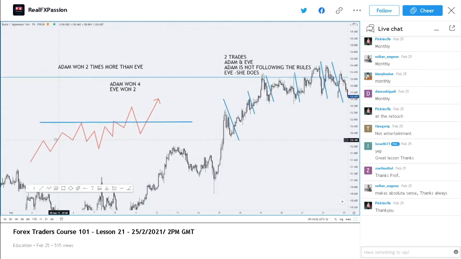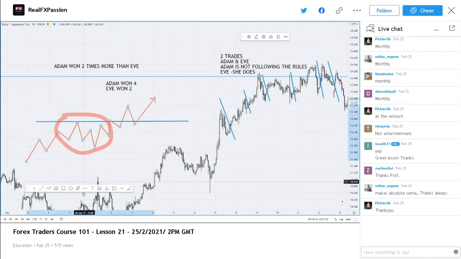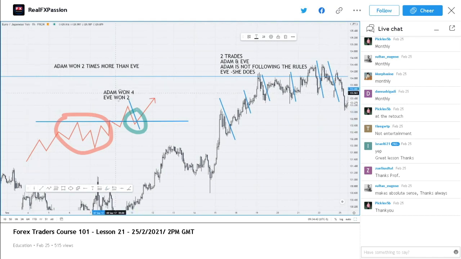Adam would buy in here. Eve would not, right? And both of them would buy, of course, in here. So the red circle, Adam is buying, Eve is not buying. Green circle, both of them are buying, right?